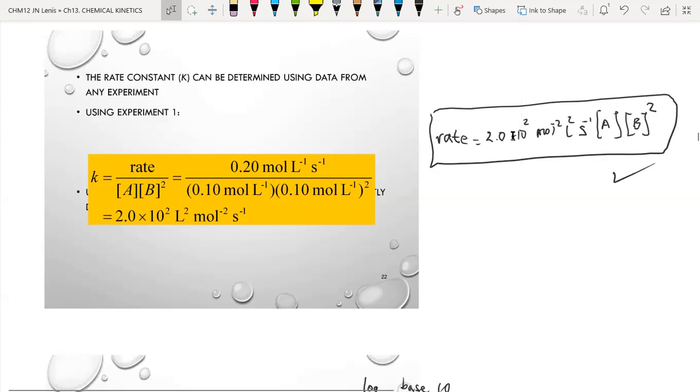But again, we cannot use this equation here to make predictions in the chemical reaction.